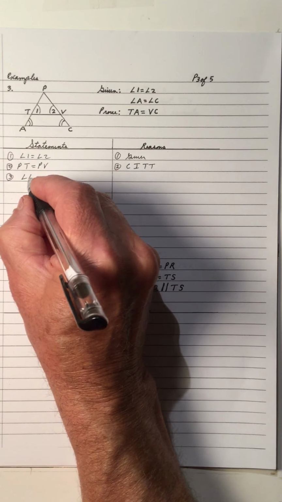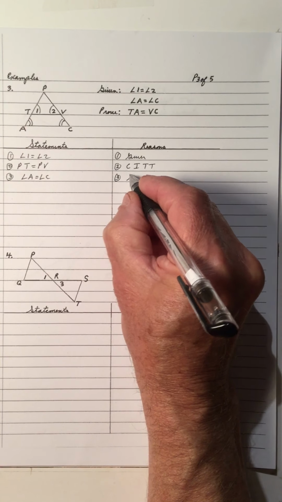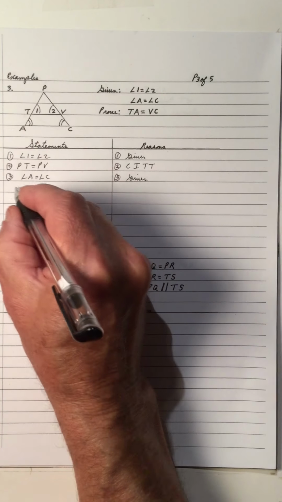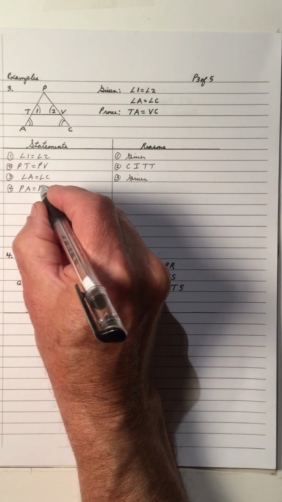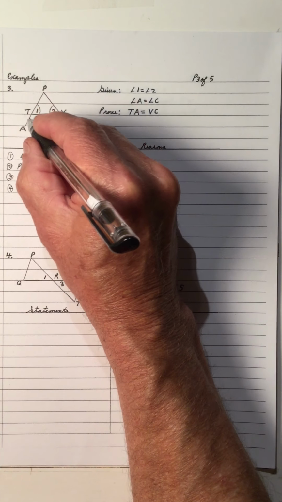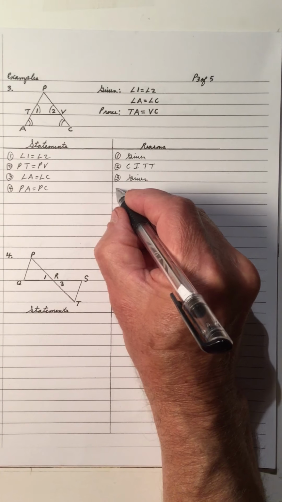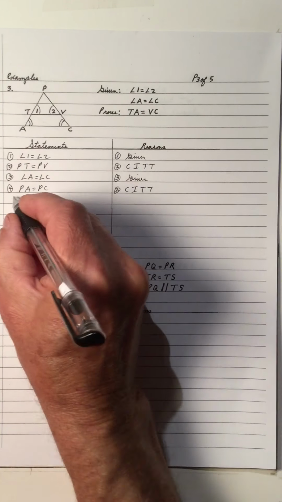Number 3, angle A equals angle C, given. There's a dot there. And that means that PA equals PC. In this triangle here, these two angles are equal, so these two sides are equal. And again, that's the converse of the ITT.